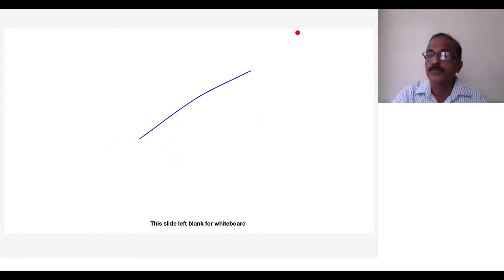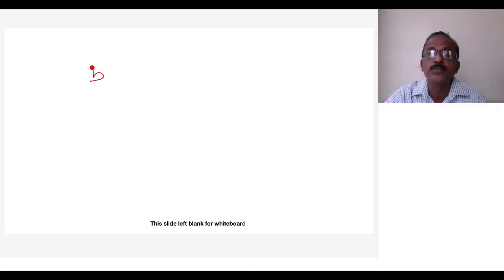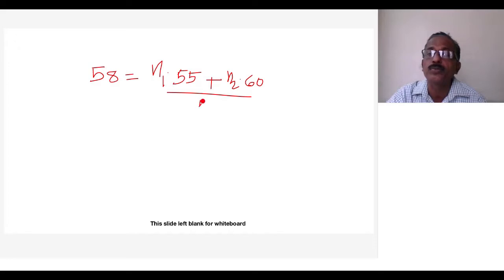So 58 is equal to n1 into x1 bar, which is 55, plus n2 into x2 bar, which is 60, and the whole divided by n1 plus n2.